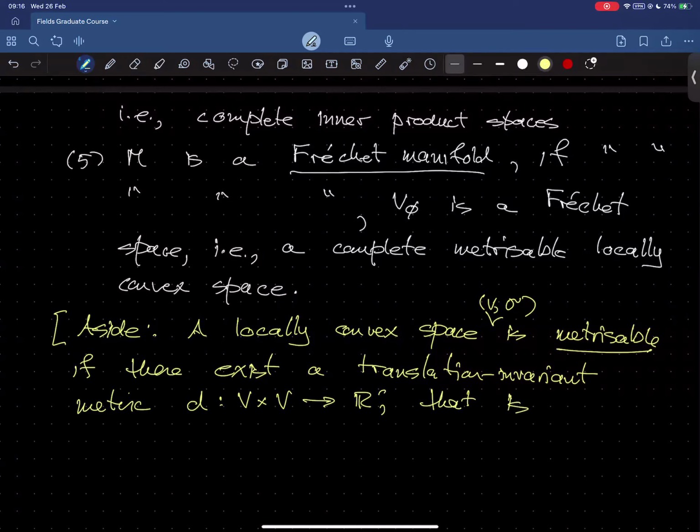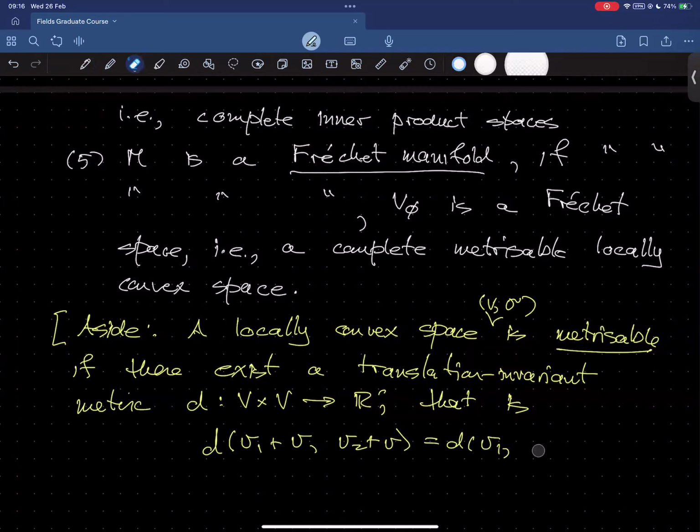Let me say what translation invariant means. The definition is that when you translate the arguments, you get the same thing. Explicitly, that means d(v1 + v, v2 + v) = d(v1, v2).